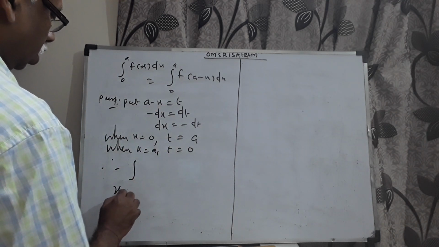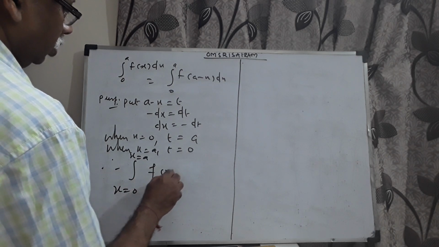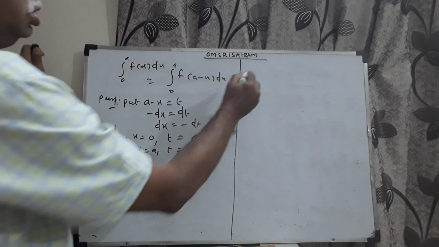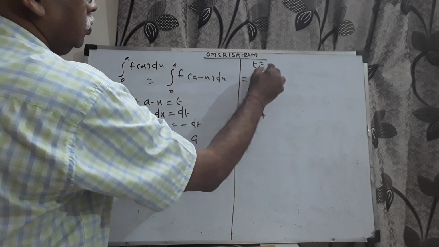Therefore, integral x is equal to 0 to x is equal to a, f of x dx, can be written with t limits: t is equal to a to t is equal to 0.